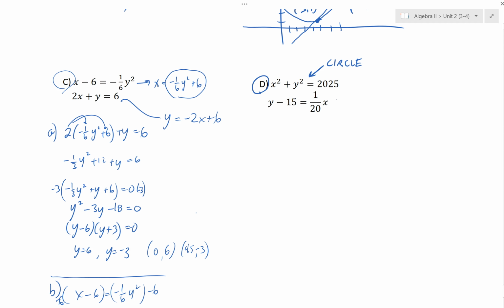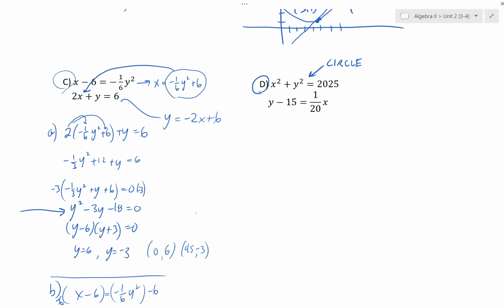So either substitution will work, but I did this one. I got x by itself in the top equation, and then substituted it right there in place of that x. And so when I multiplied all that out, I ended up with this expression, which I can factor as y minus 6, y plus 3.